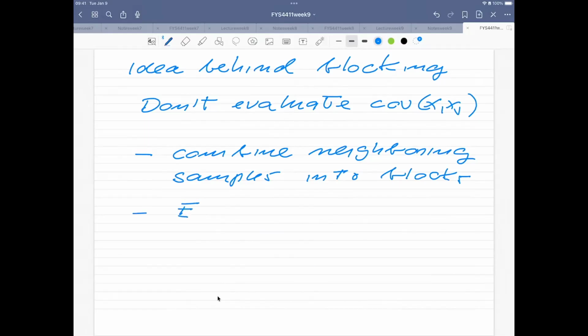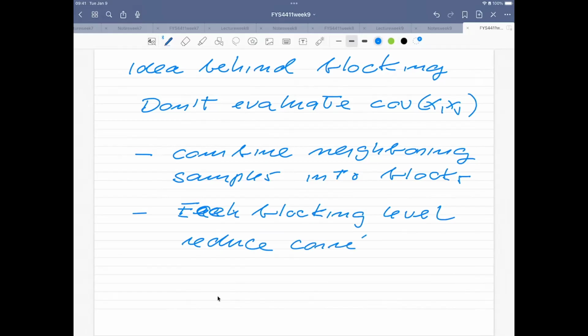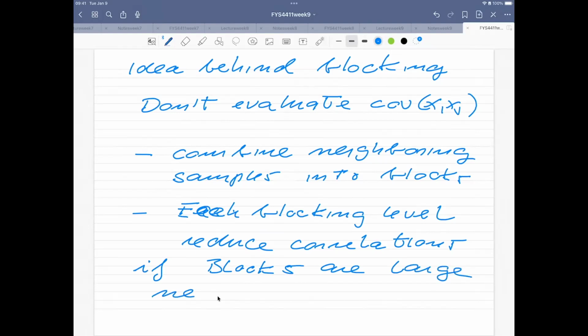And each block, or each blocking level as we call them, is then meant to reduce the correlation between the neighboring blocks. So if these blocks are large enough, then what we are going to have is independent samples. That's the whole idea behind the method.